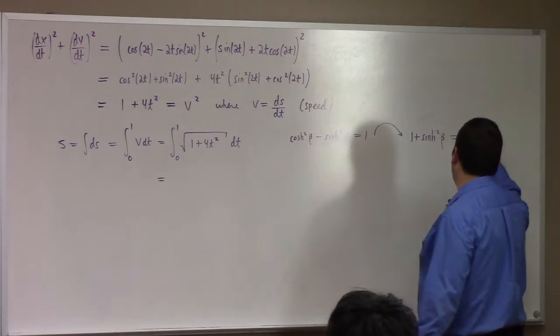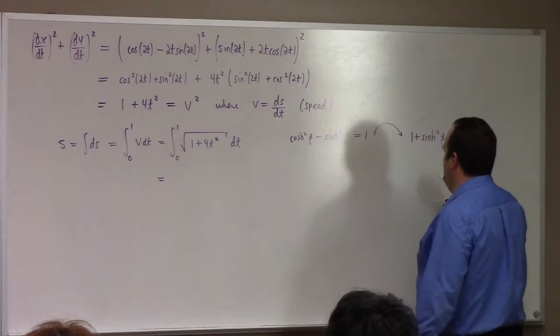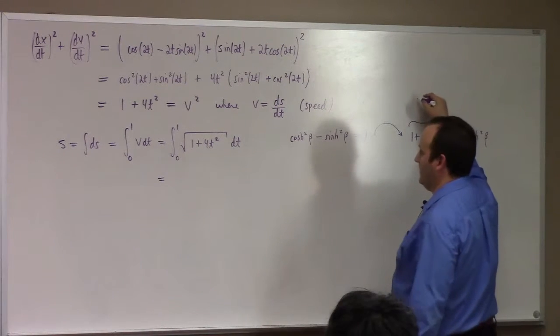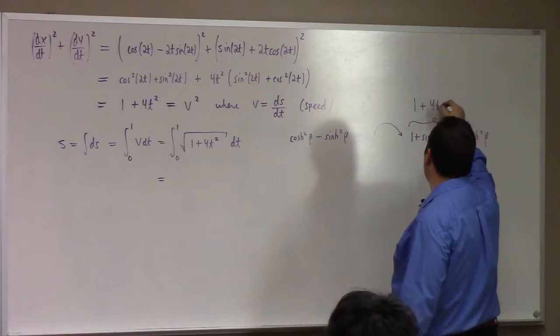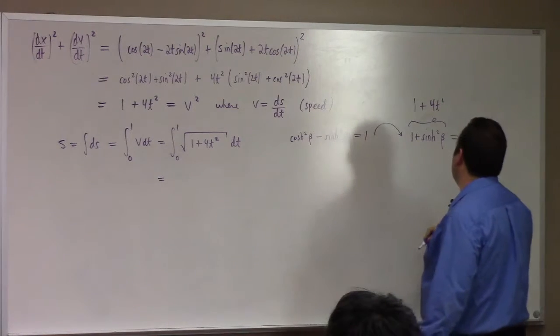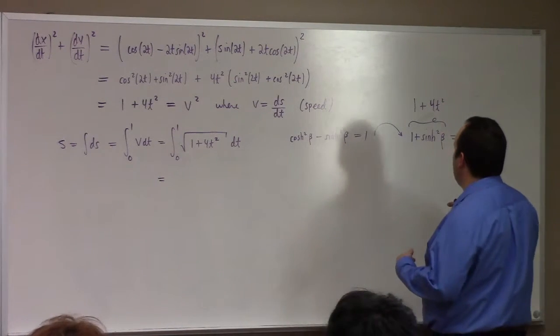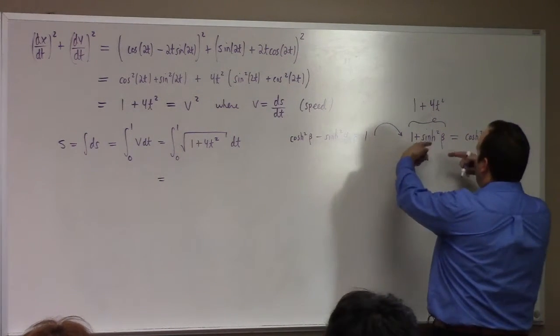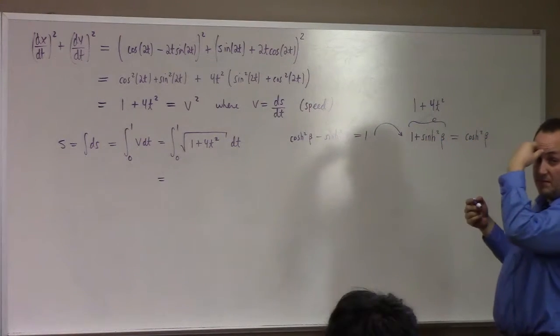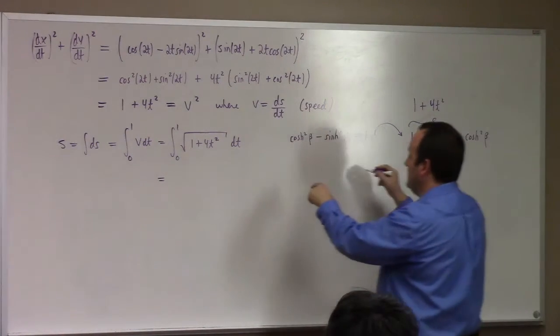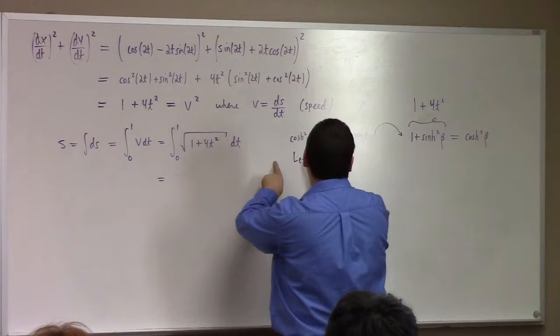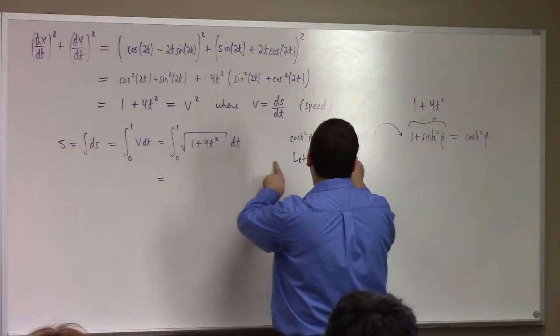Cosh squared beta, right? So this identity makes me think of comparing 1 plus 4t squared to that. So I want to make 4t squared become sinh squared beta. So that means let 2t equal sinh beta.